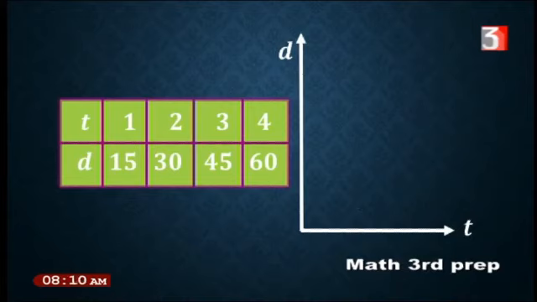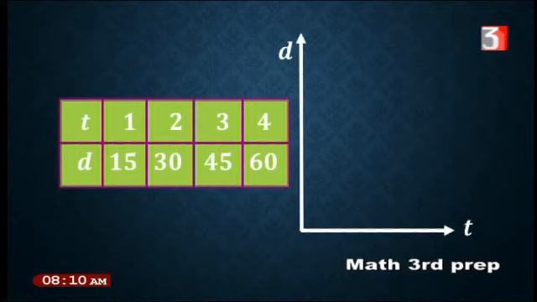After 1 second, the car will cover a distance of 15 meters. After 2 seconds, the car will cover 30 meters. After 3 seconds, 45 meters, and after 4 seconds, 60 meters.